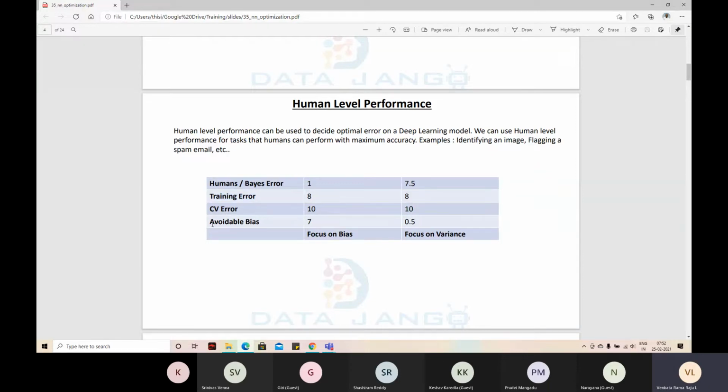So we should be focusing on the 7 score, because the model is underfitted. Did you get it? On a particular data set, if the human level performance is 1, then we should be focusing on the underfitting problem.